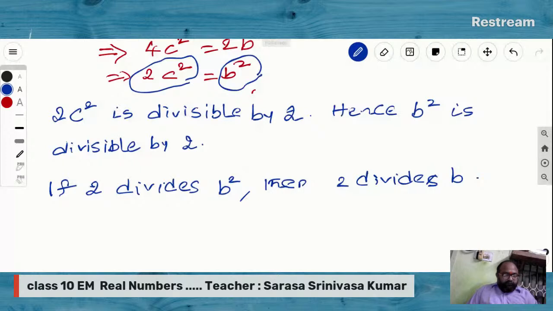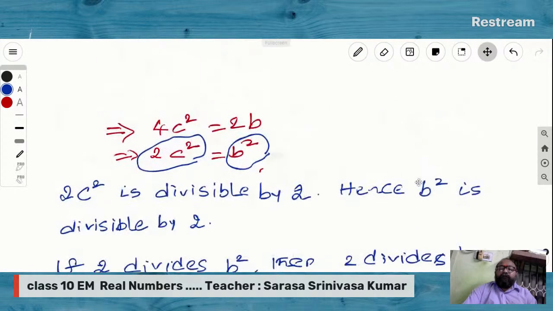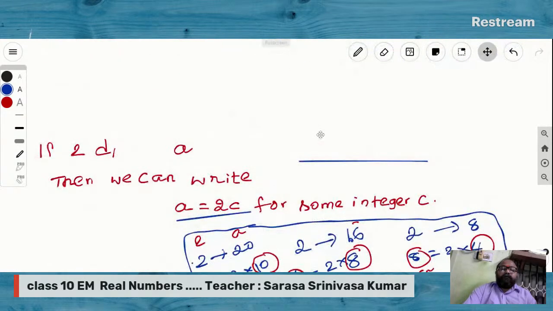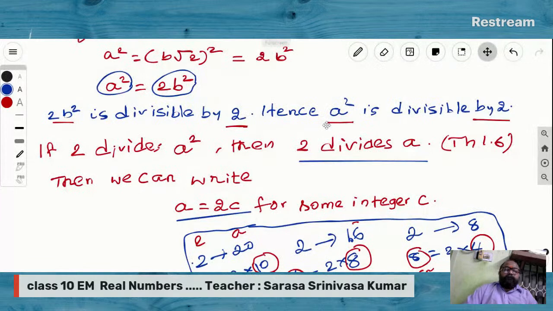So here we got that 2 divides A, and now we got 2 divides B.